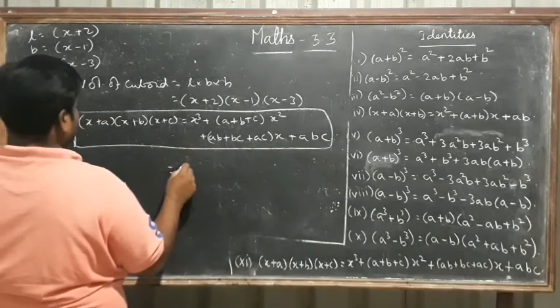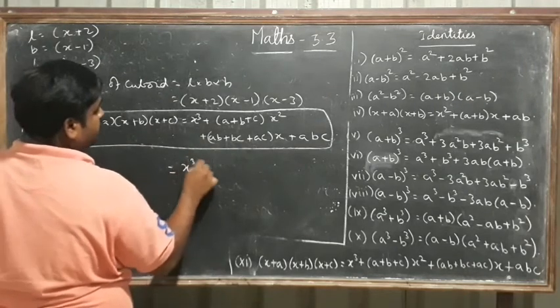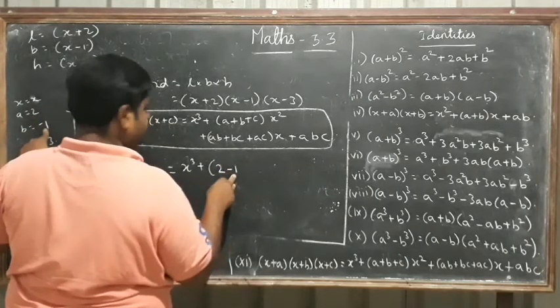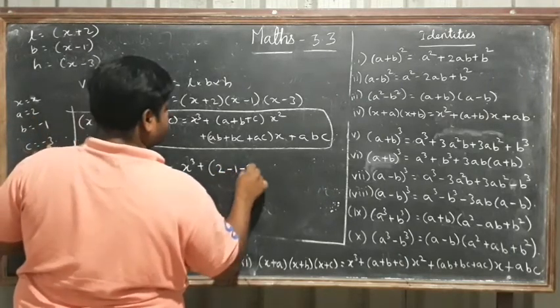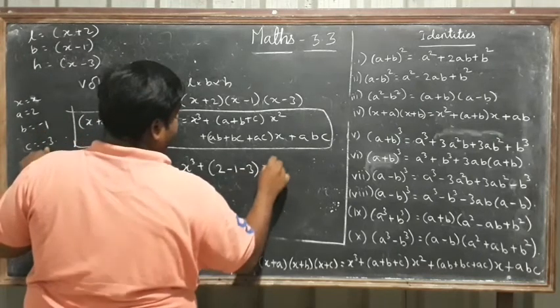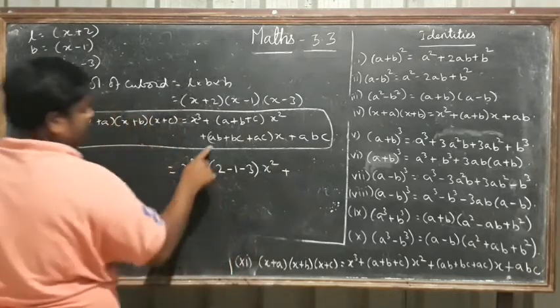RHS is, just write this, x cube plus a plus b plus c. 2 plus into minus is going to be minus 1. So 2 minus 1 minus 3 into x square plus ab, bc, ac.